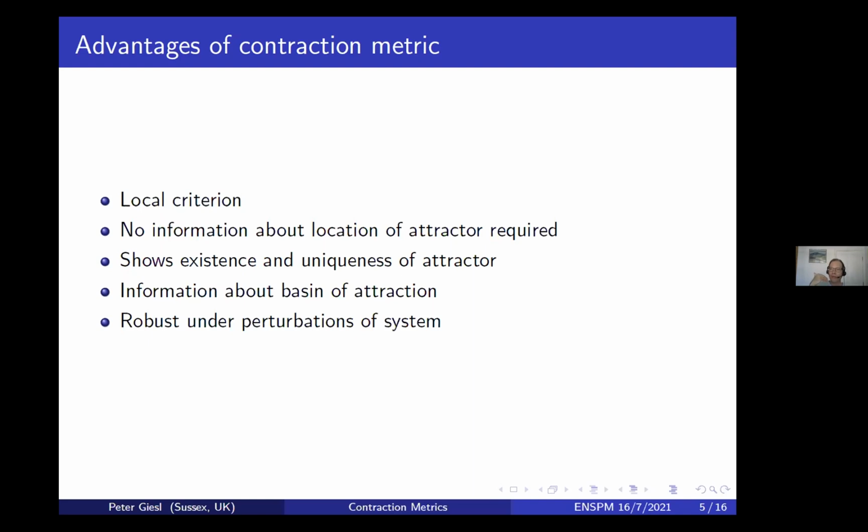So we don't need any information about it in contrast to, for example, the Lyapunov functions where we would need to know where the equilibrium is. It will show existence and uniqueness of this equilibrium, give us information about the basin of attraction, so we will find a subset of that. And because the equilibrium point is not a special point, it's actually robust under perturbations of the system. So if instead of the system you consider a different system where you slightly move your equilibrium point, you can still use the same contraction metric.